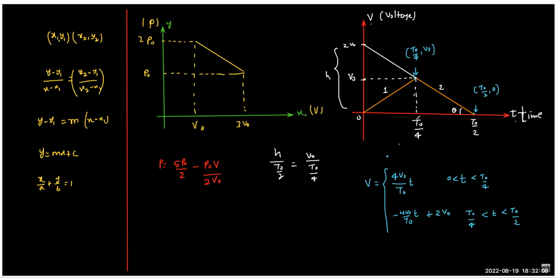In a bigger triangle, you can write h upon t naught by 2. And this is basically 1 by 2. So you can extend the line. It's like a geometrical construction, and then you get the answer. But that is again not required if you are using the 2-point form, correct?